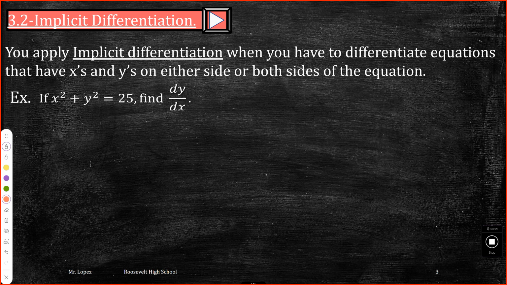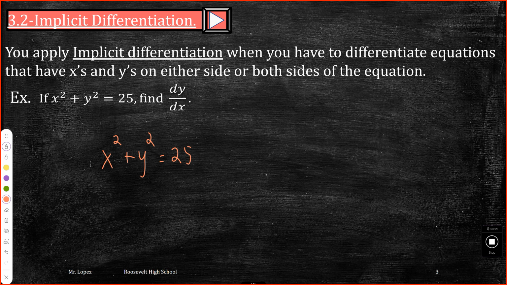What you do is you take the derivative of both sides. So let me do this one. So x squared plus y squared equals 25.